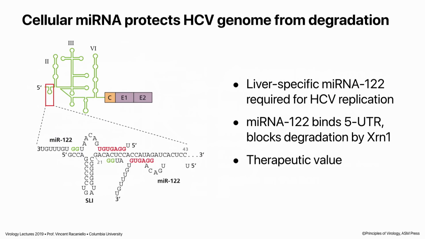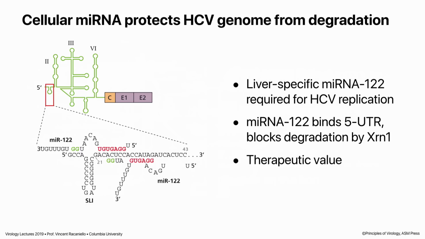Now here's a really interesting example of a virus mechanism for resisting some of this being chewed up by the cell enzymes by using a cell RNA. And the virus here is hepatitis C virus, which we will come back to many times from now on. This is an RNA virus that infects the liver, as the name says.